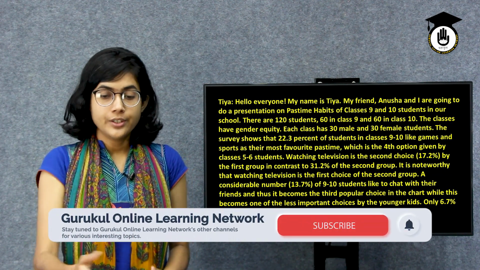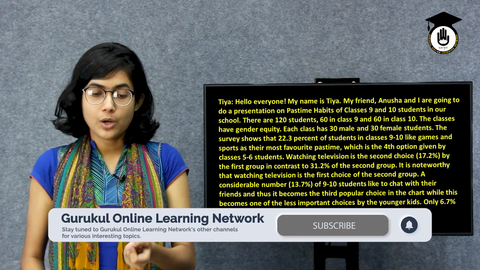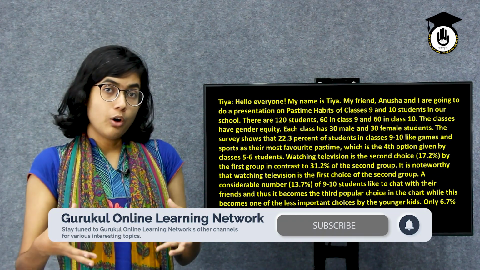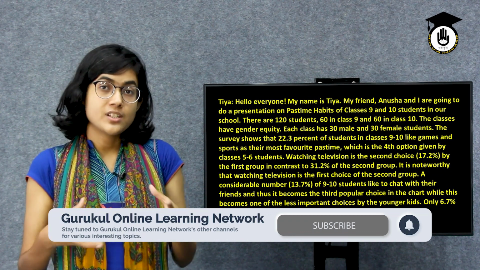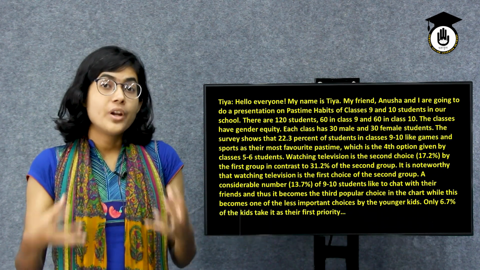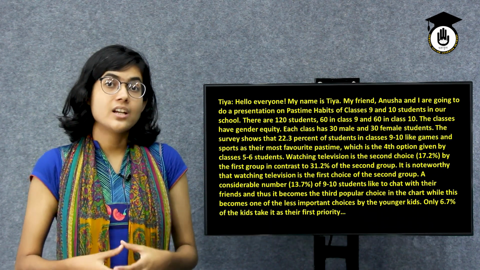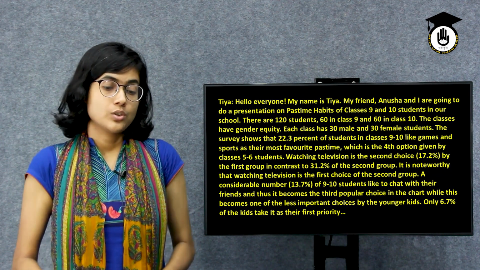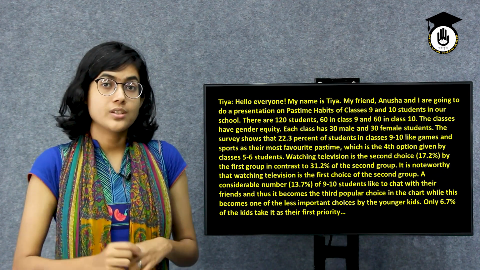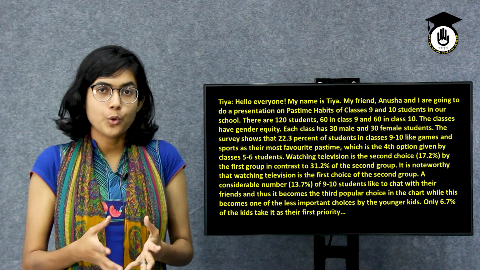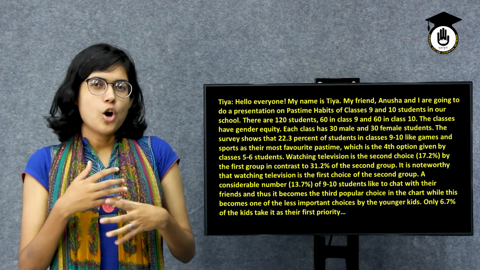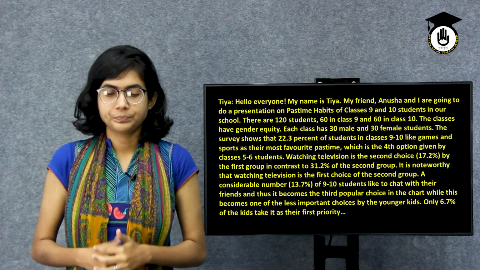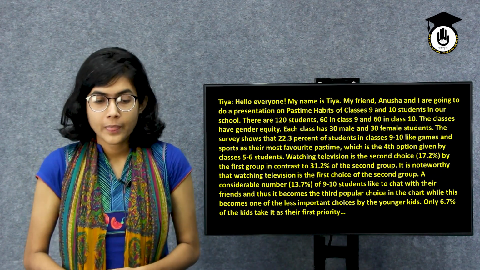Just like in there, the first thing they have compared is about the percentage of people who prefer games and sports as their most favorite pastime. So the class 9-10 students are more interested in games and sports, where class 5-6 students are having this option as in fourth. Let's move on.